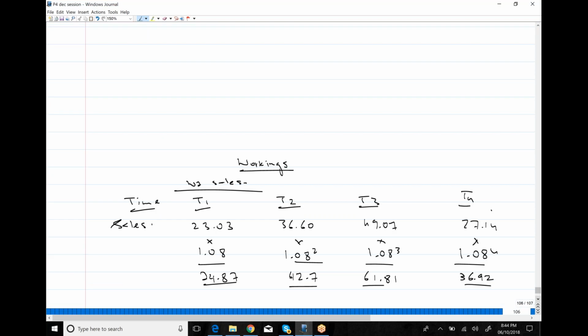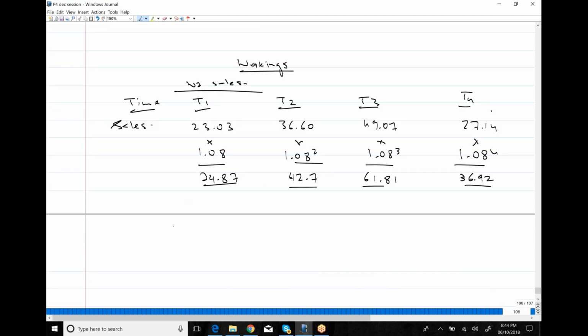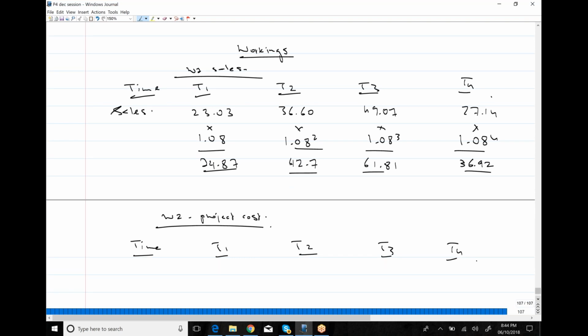Okay, then after this, let us do a working for project cost. Working 2, project cost. So time T1, 2, 3 and 4. Again, they have given you the direct project cost, but they have not inflated the project cost. So I have to inflate it.